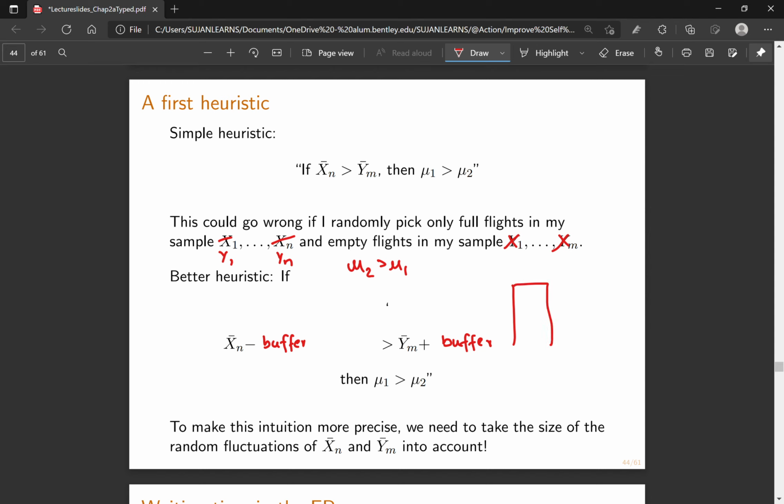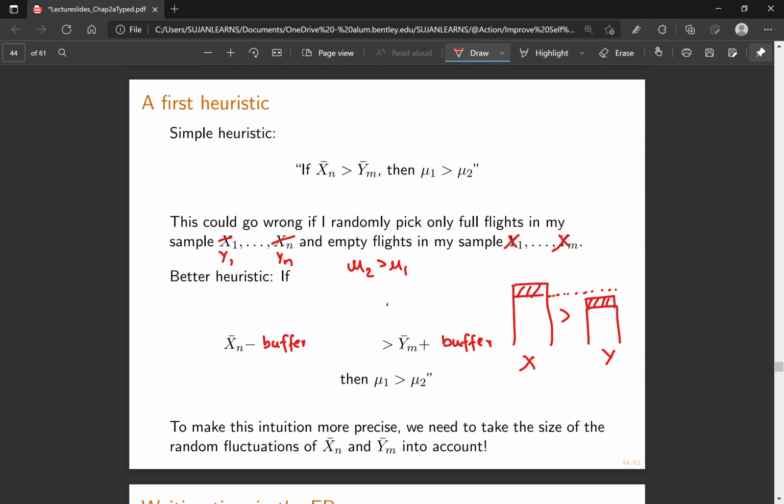Pictorially, this is x and this is y. Let's say I subtract this buffer from x and I add this buffer to y, and still x is greater than y. Then we can say that mu1 is greater than mu2.